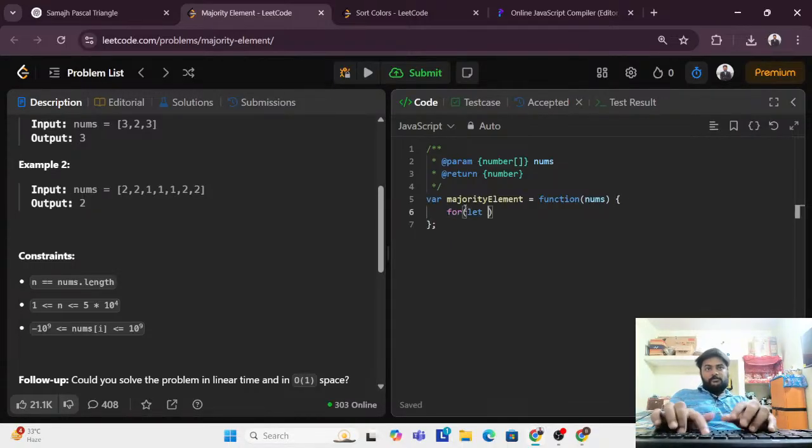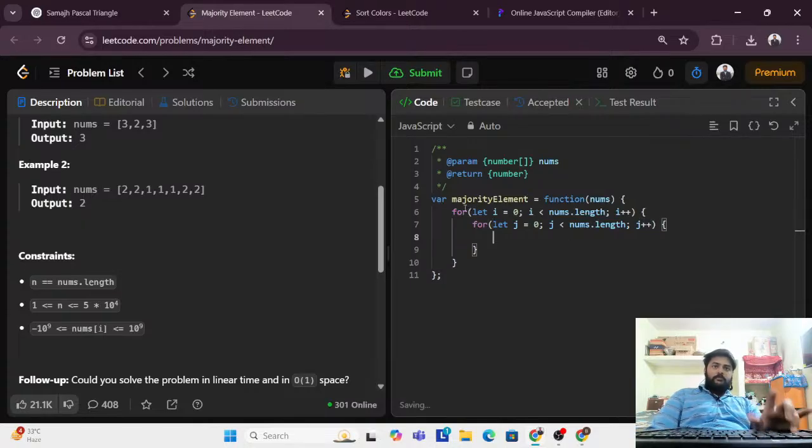So let's do this. let i equals 0, i less than nums.length, i++. For let j equals 0, again it will start from 0, j less than nums.length, j++.